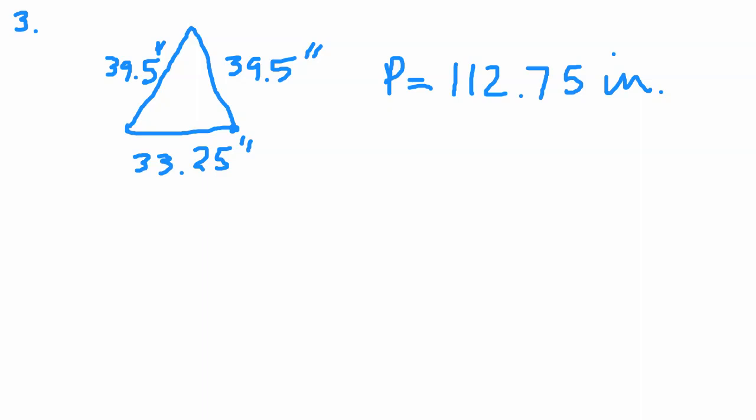Okay, now, what if we had to find the area of this triangle? The area of a triangle is always found by taking a half times the base times the height, if you're given those measurements. So let's just say that in our triangle here, we're given a height of 30.